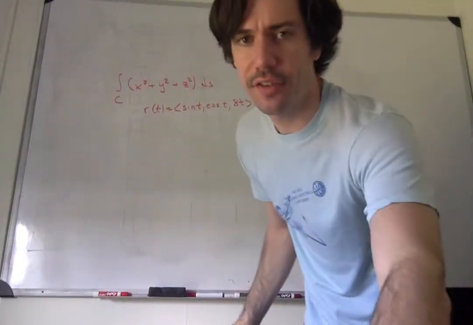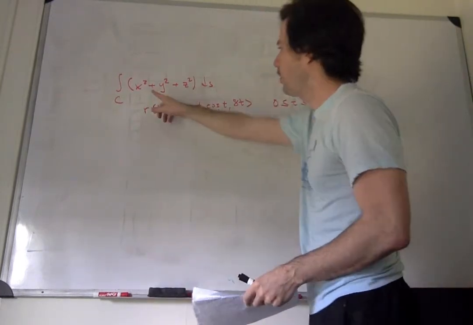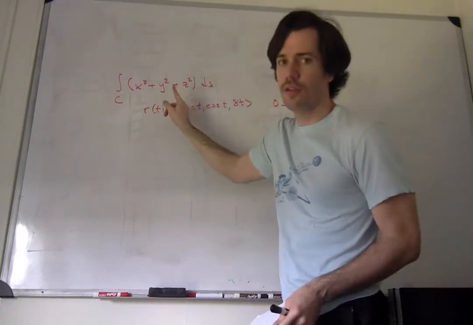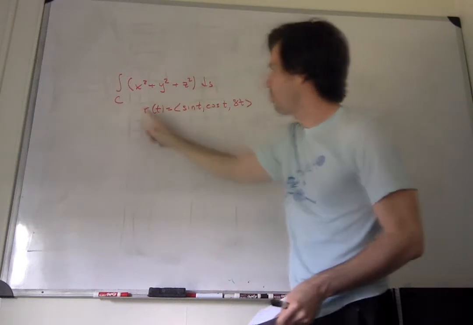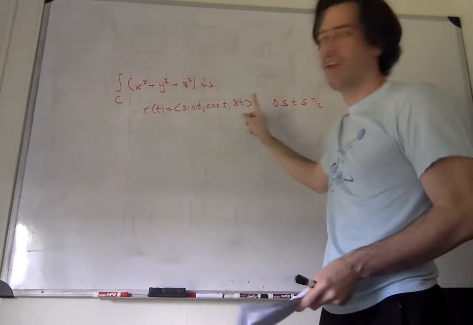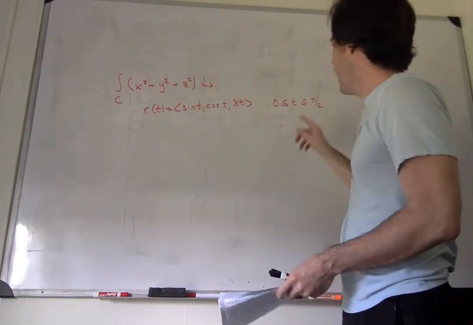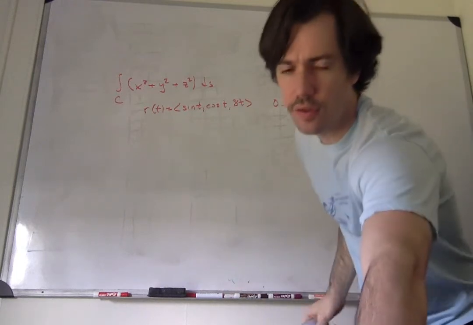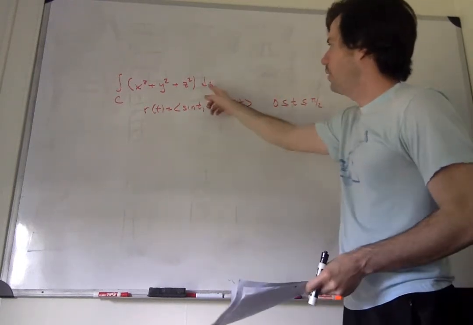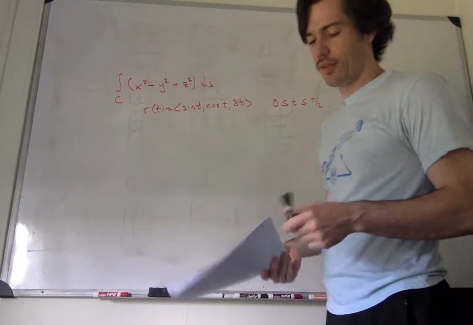So for the first exercise, you had to integrate the sum of the squares over this curve C parameterized by sine t, cosine t, and 8t as t goes from 0 to pi over 2, and the integral is with respect to ds.